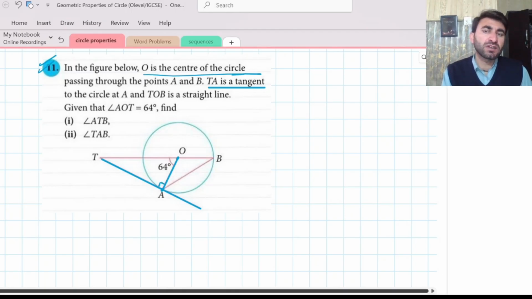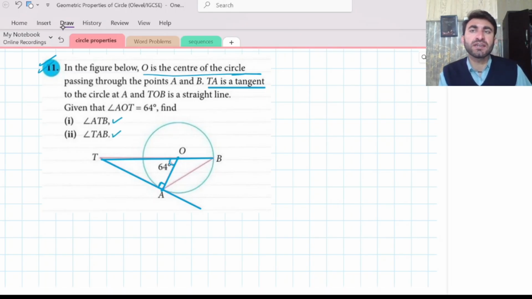So that is one of the symmetric properties. Now it states TOB is a straight line. The TOB line is over here, and given that AOT is equal to 64, which is marked over here 64 degrees, find angle ATB and TAB.